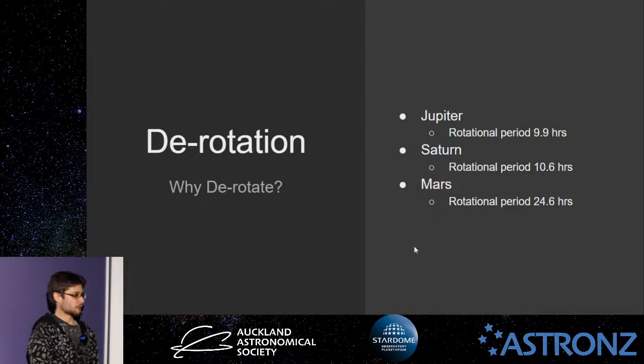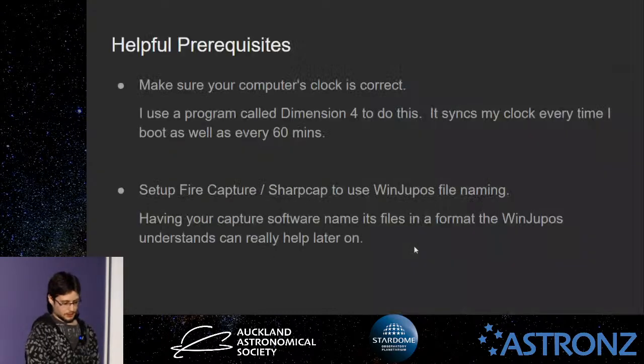But we always want those longer exposures to help with our lucky imaging and increase that signal-to-noise ratio so we can sharpen up the images more. Some helpful prerequisites to do before imaging.